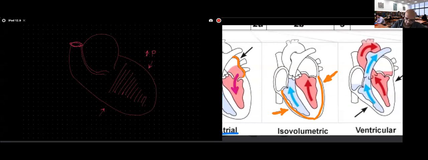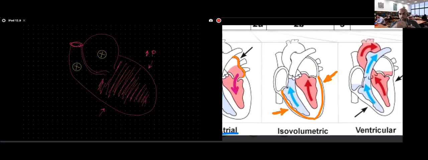This means what for me? This means that the blood is going to be trying to leave the ventricle, going to a side with lower pressure. So where do I have lower pressure in this case? I have lower pressure in my atrium, and I have lower pressure in my aorta, if we're looking at the left side.